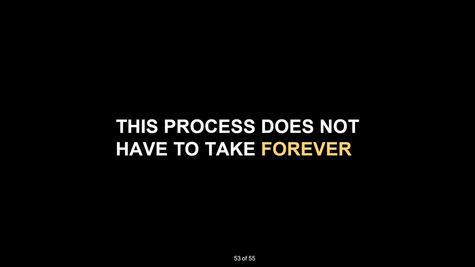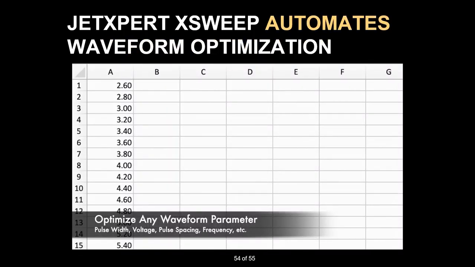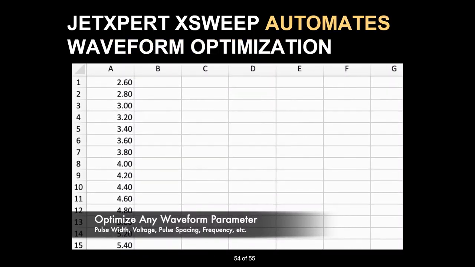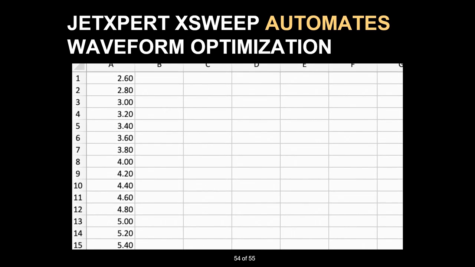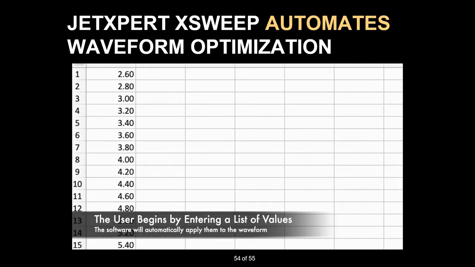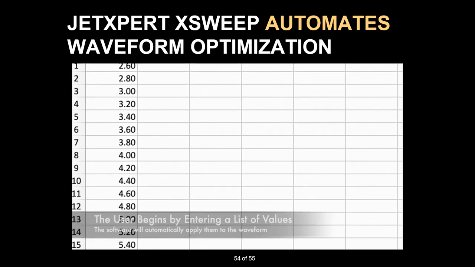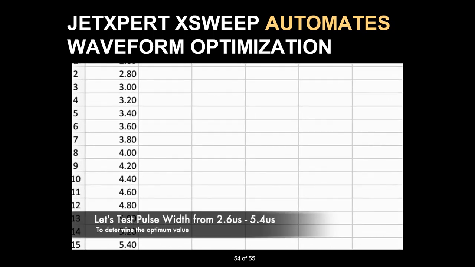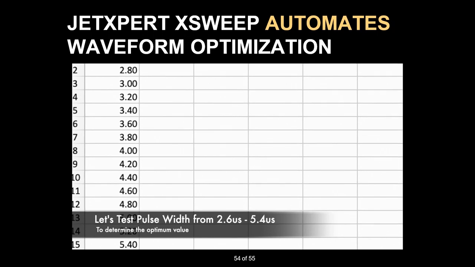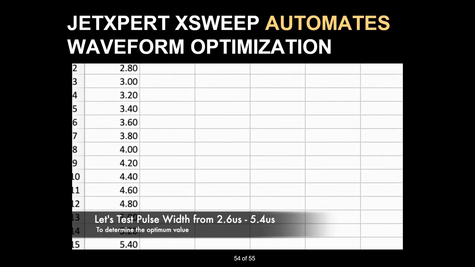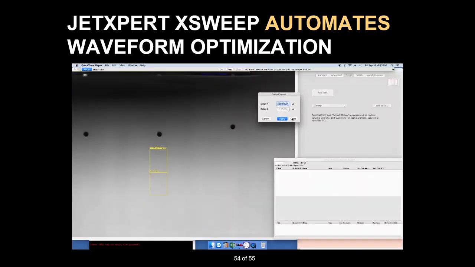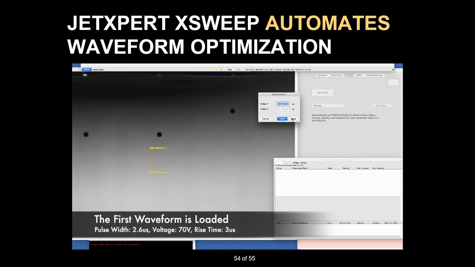We've got the ability to load all the different values that we want to test for a particular variable. So we're testing this range of pulse widths, for example. It could be voltages, it could be frequencies. The system automatically applies those different values to the waveform and then captures the volume and the velocity of the drop at each one of those steps.